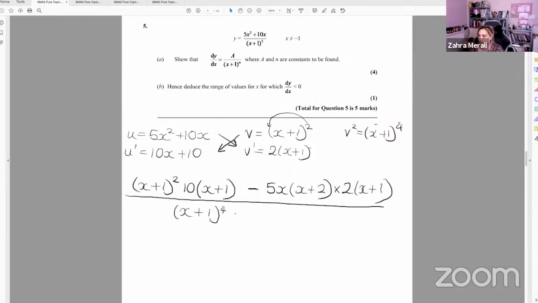So the first thing I see that I'm able to do is I can cancel out an x plus 1 from everything. So we can get rid of that there, that one there, and that's going to become cubed.